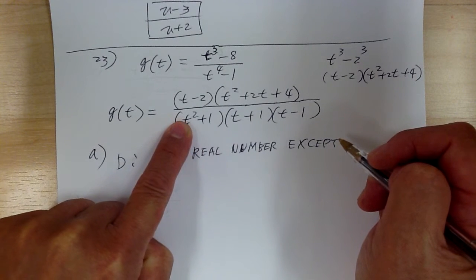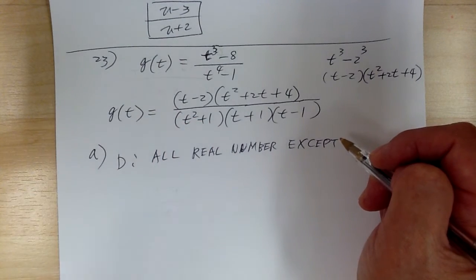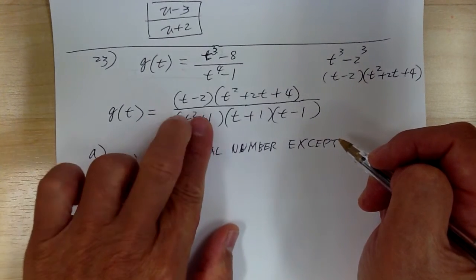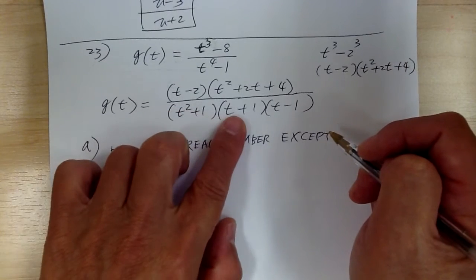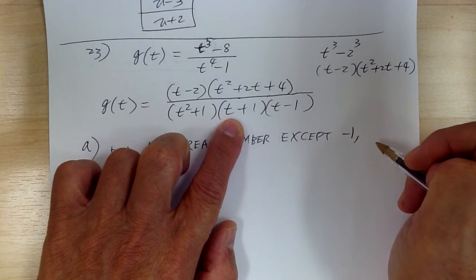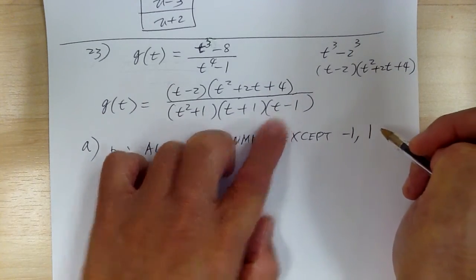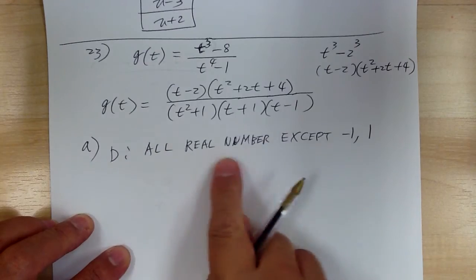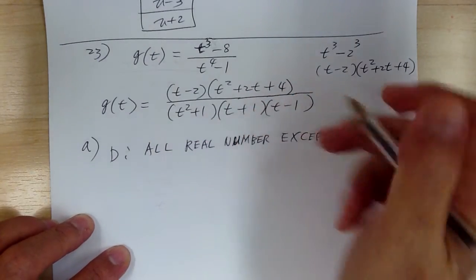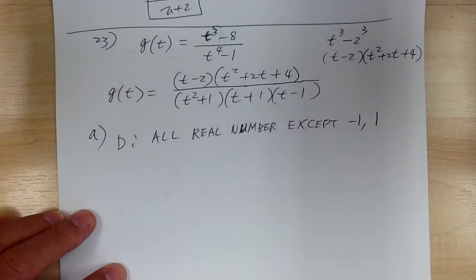Because t squared is always positive, and positive plus 1 will always be positive, never equal to 0. So you don't get any restriction from here. But this one, when t equals negative 1, it will make it equal to 0, so that's not allowed. Over here, when t equals 1, it will make it equal to 0, not allowed. So all real numbers means all the numbers are good except for negative 1 and 1. So that's what domain is. Domain is the numbers that you're allowed to use as your input.